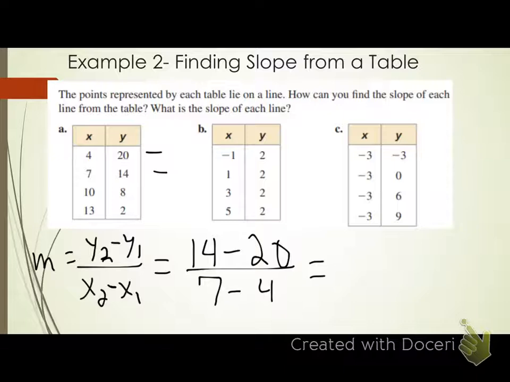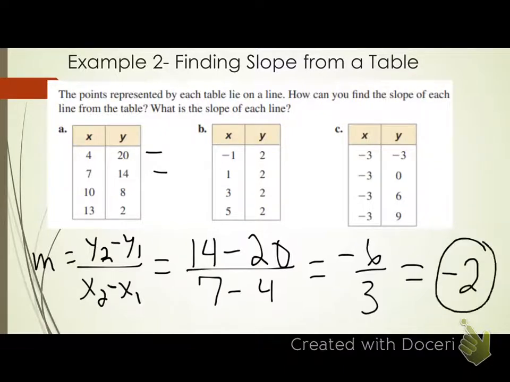What's 14 minus 20? -6. 7 minus 4? 3. What's -6 divided by 3? -2. So my slope of my line of my given table of values is -2.